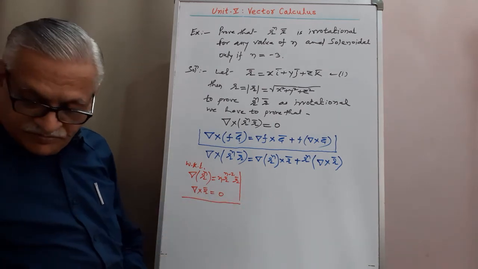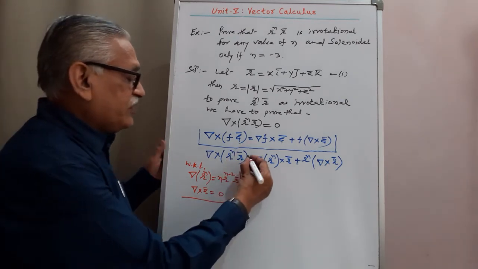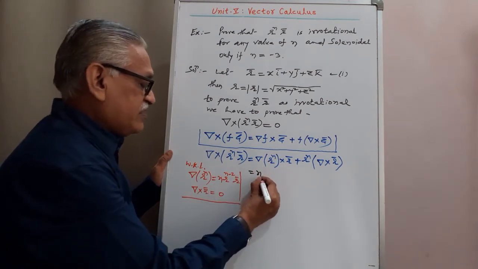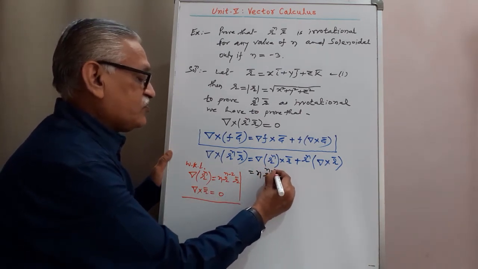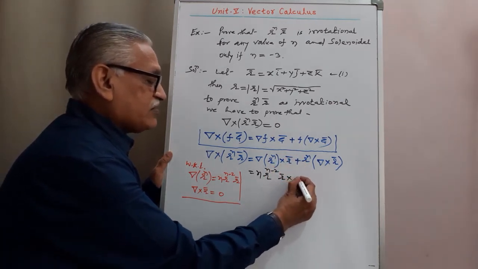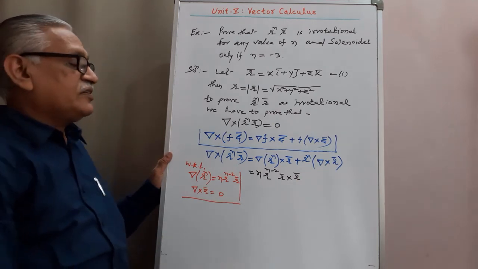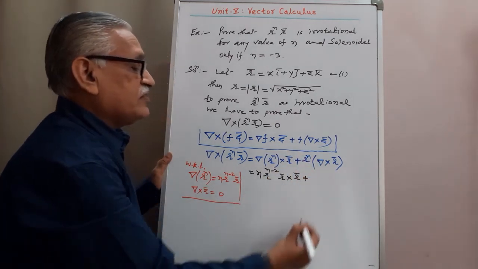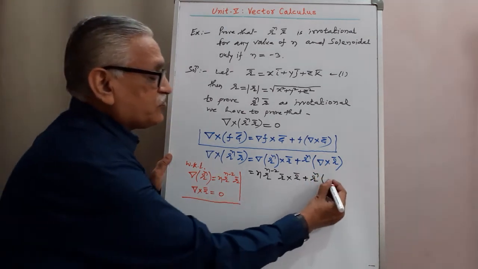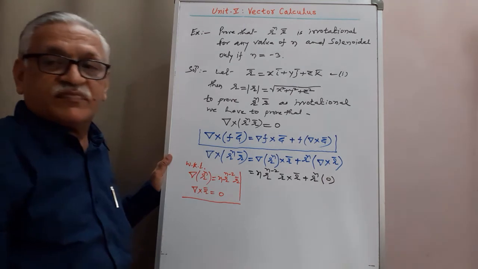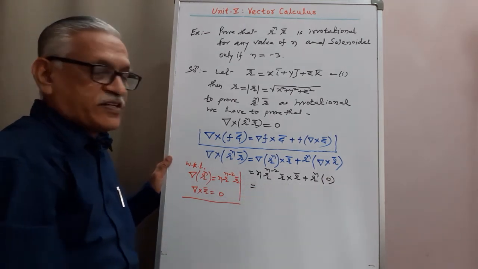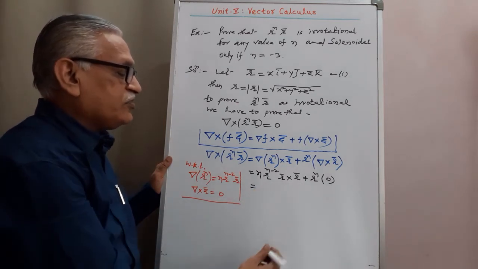We get, and therefore it is equal to del of r raised to n, as per this it is n r raised to n minus 2 into r bar, a cross product with this r bar, plus r raised to n, del cross r bar is 0. And then, as per the property of cross product of two vectors, r bar cross r bar is always 0.